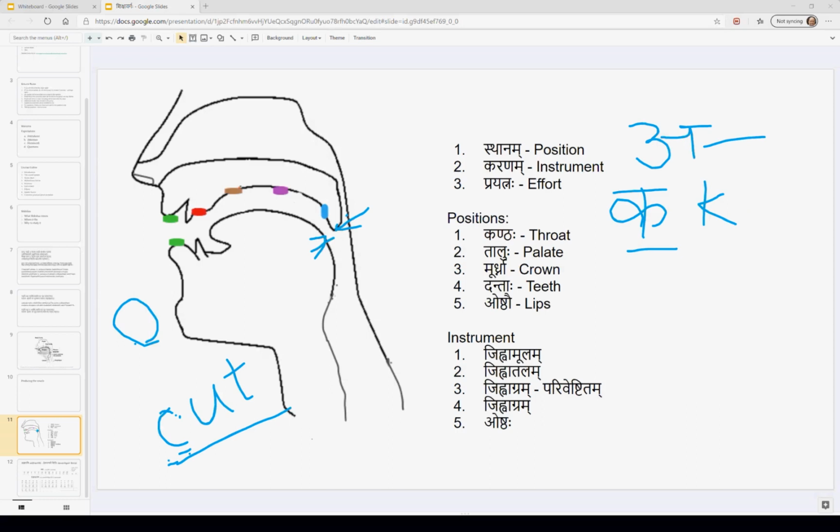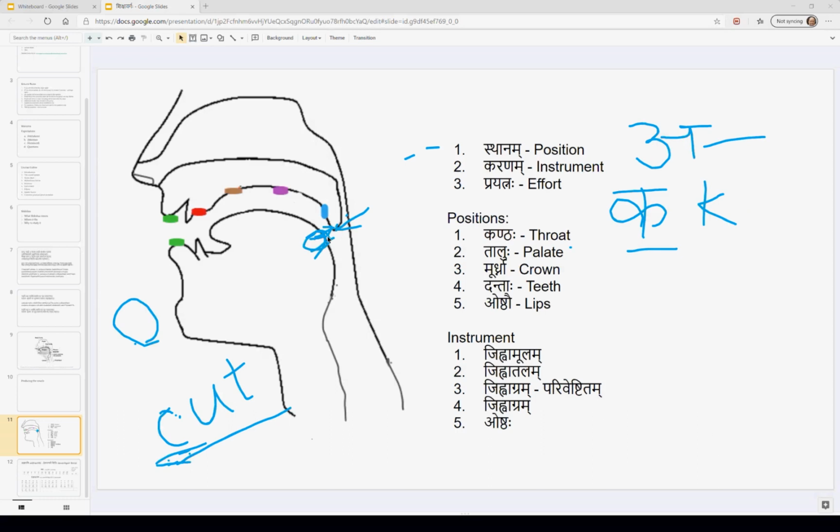So both the positions are defined as throat only, and we can experience that when we say cut, the first syllable there, cut. So when you try to pronounce that ka, you can experience that this part of the tongue is touching that.